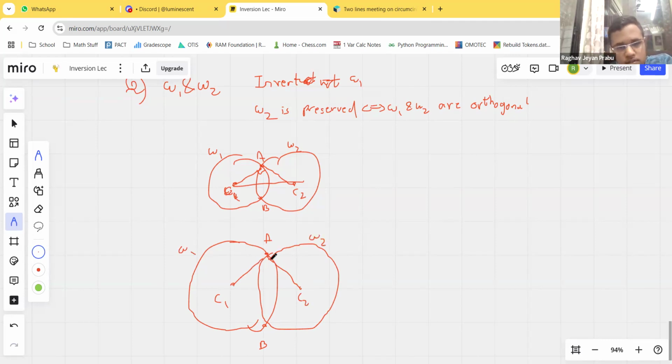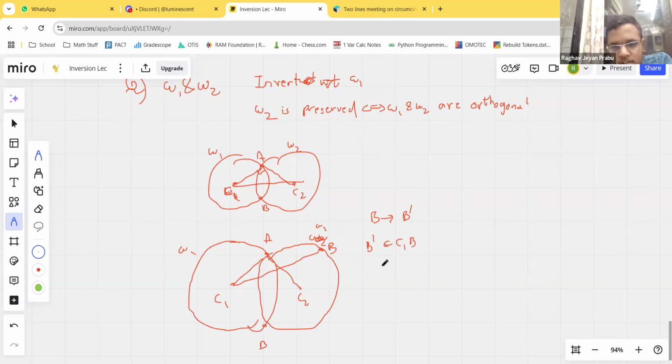Okay. So let's look at any point, I'll call this point B, and let's look at what happens to B dash. So obviously B dash must lie on C1B, right? B maps to B dash, so I know B dash lies on C1B. That's by definition.